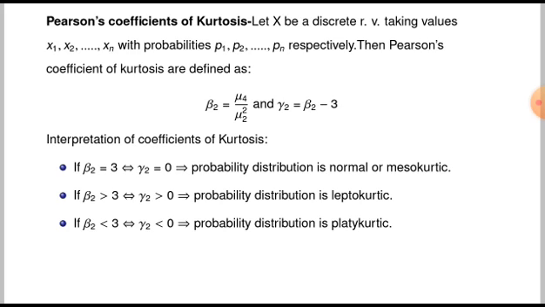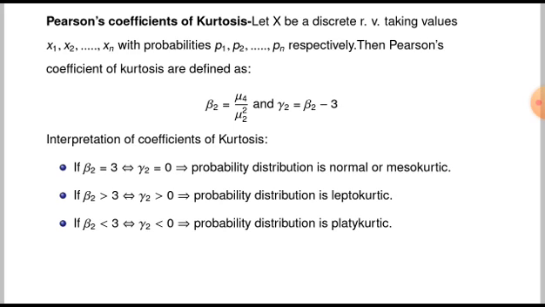And if beta 2 is less than 3, which is equivalent to gamma 2 less than 0, that means gamma 2 is negative, then the probability distribution is platykurtic. That means the height at the peak of the probability curve will be shorter than the normal curve. It will be a flat curve as compared to the normal probability curve.